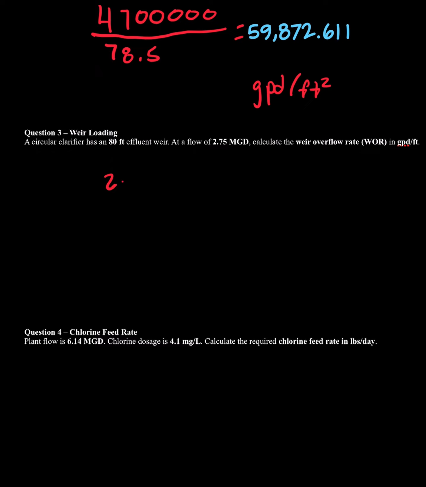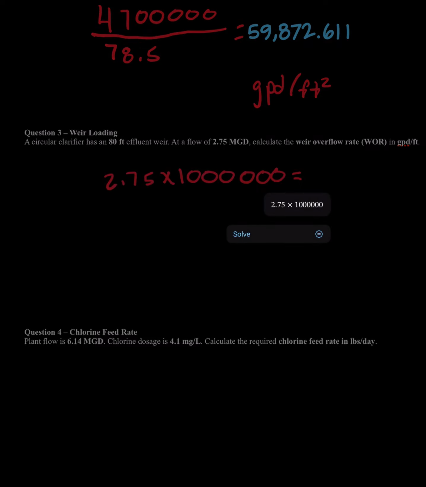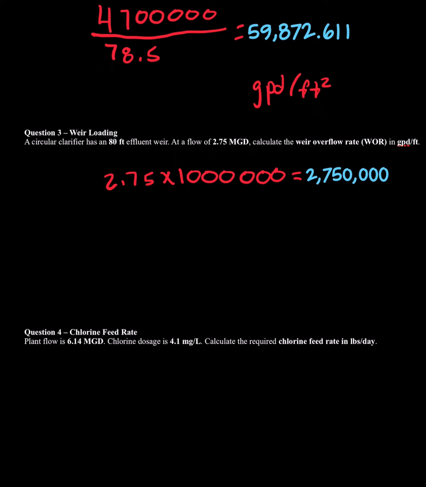So we have 2.75 mgd, but we have to convert that to GPD, so we're going to multiply that times 1,000,000, and that's going to be 2,750,000, and we're going to divide that by feet because we have GPD per foot.